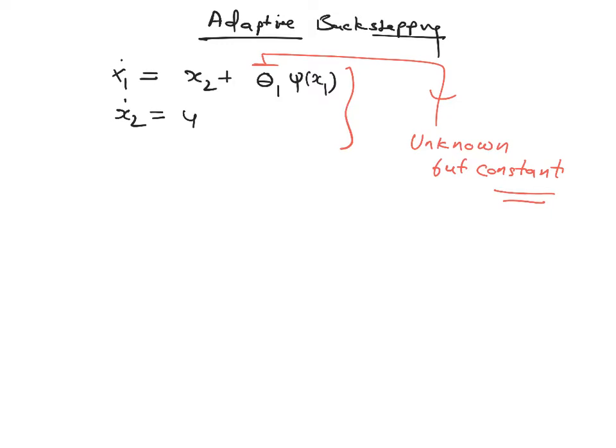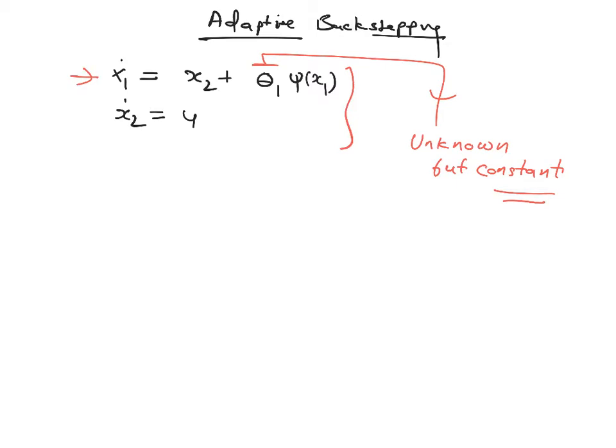So let's begin the fun. I'll explain what the adaptive part is when we reach it, but what will be the first step? It's like a backstepping problem. The first goal is to pick x2 so that x1 goes to 0.